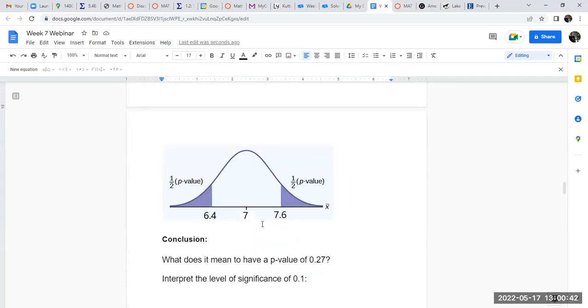So by the way, here's the chart. Notice, by the way, that the hypothesized mean was 7. Our sample mean was 6.4. How did I get to 7.6? Because of margin of error the other way. I don't know if that's the right wording, but yes, because 7 minus 6.4 is 0.6. 6.4 is 0.6 to the left of 7.